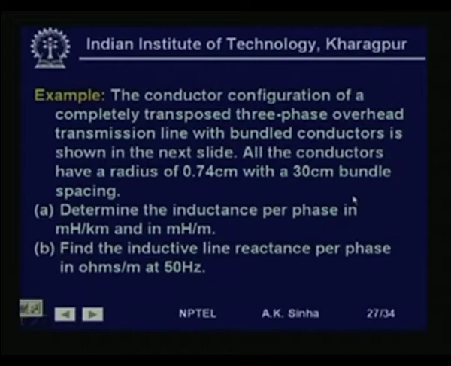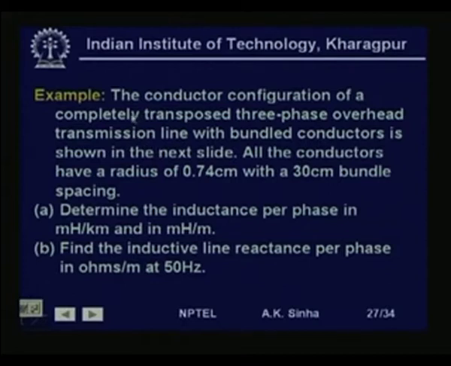Now, let us take an example for finding out the inductance of a 3 phase transmission system. The example that we are taking is for the conductor configuration of a completely transposed 3 phase overhead transmission line with bundle conductor, as shown. All the conductors have a radius of 0.74 centimeter with a 30 centimeter bundle spacing.